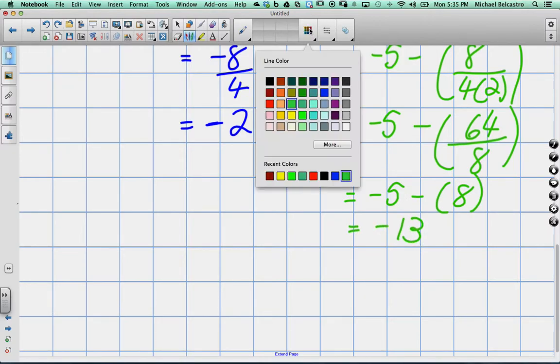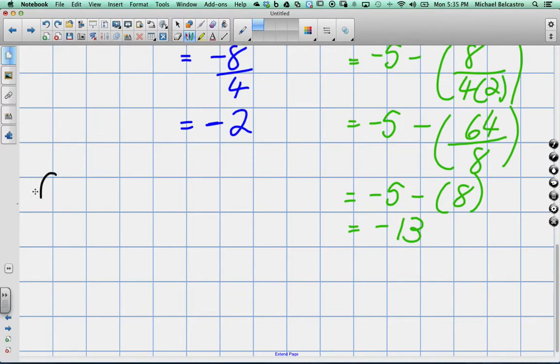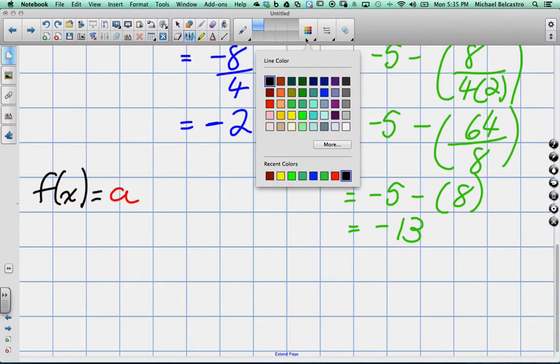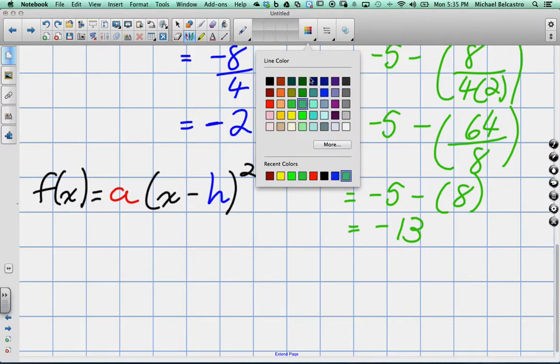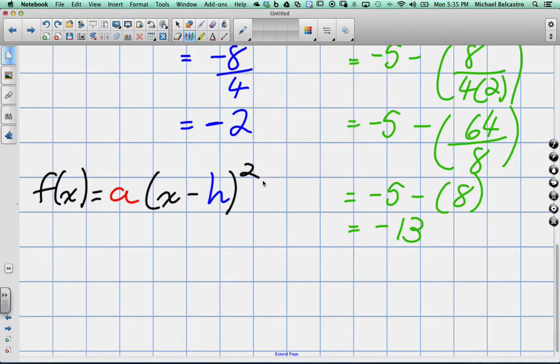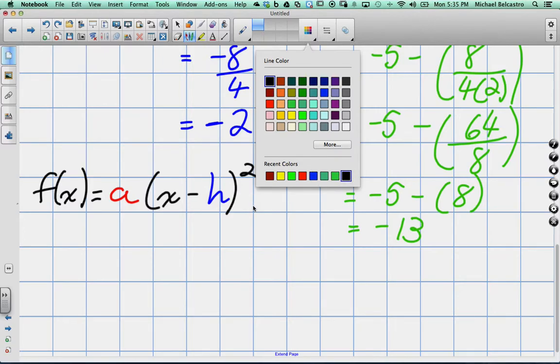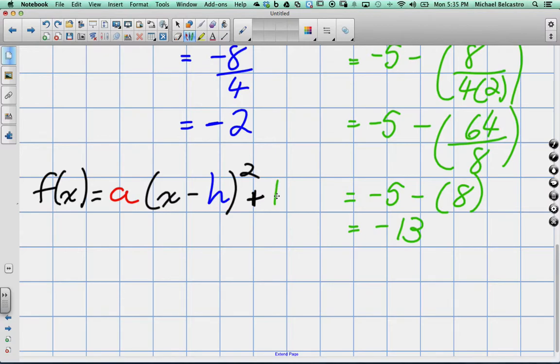So, I've got a bunch of info right now. f(x) or y is equal to, and my vertex form looks like this: a times (x minus whatever my h value is) squared, so minus our h, and then plus k. We just found out our k value: -13.